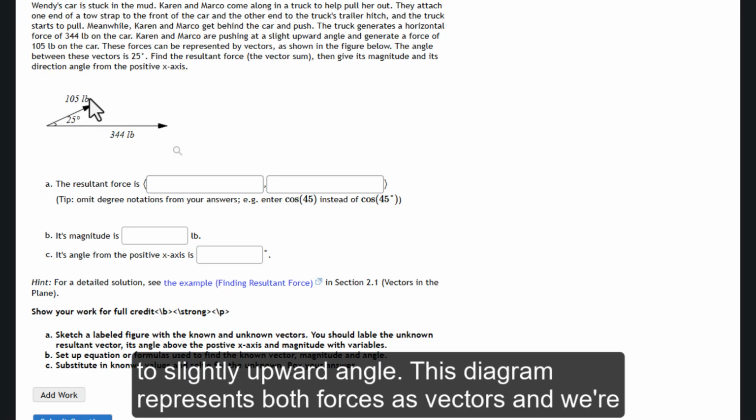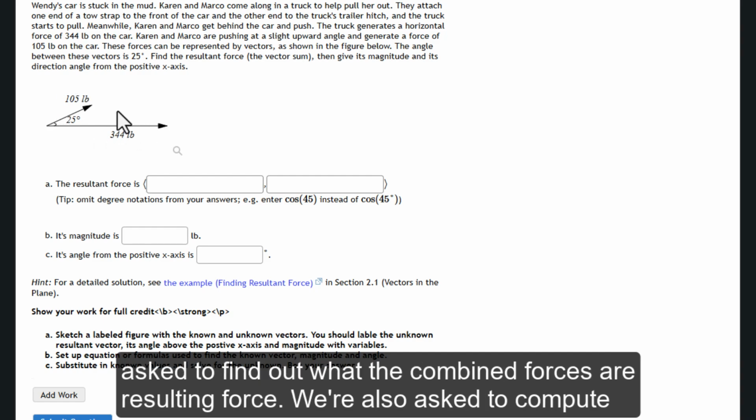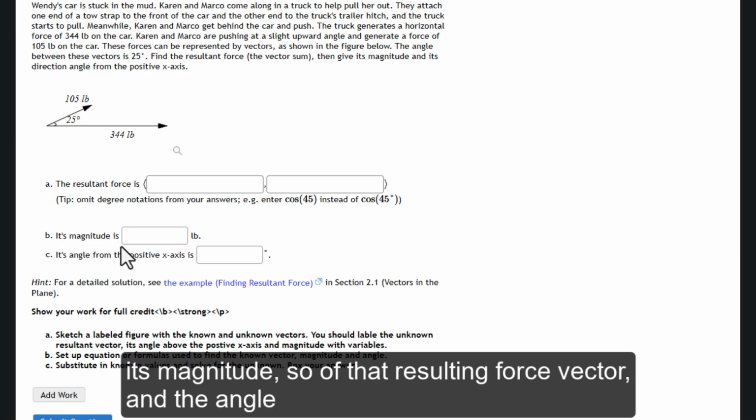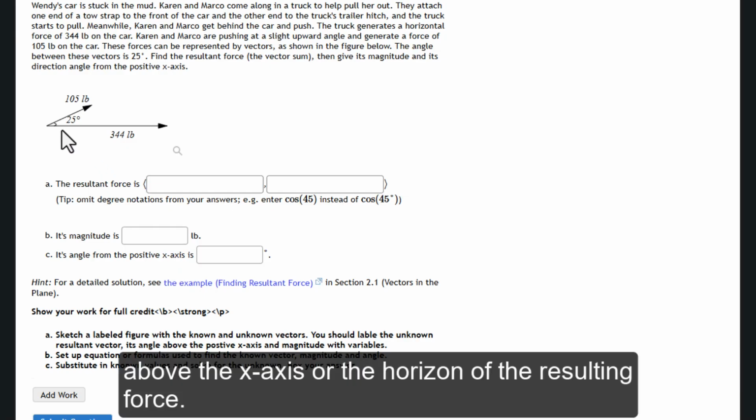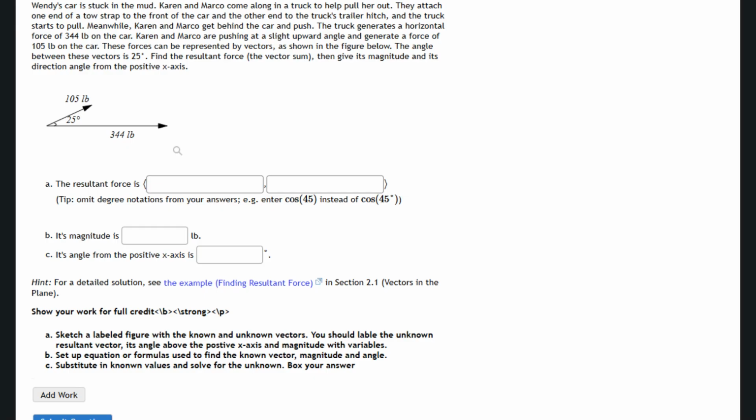This diagram represents both forces as vectors, and we're asked to find out what the combined, or resulting, force is. We're also asked to compute its magnitude, of that resulting force vector, and the angle above the x-axis, or the horizon, of the resulting force.